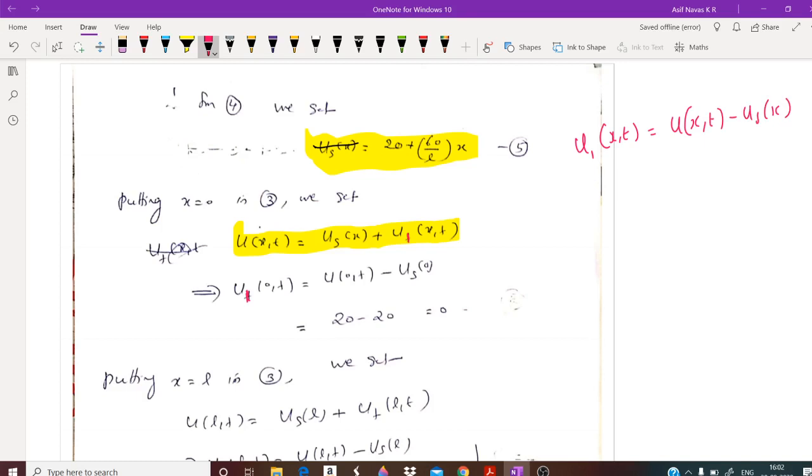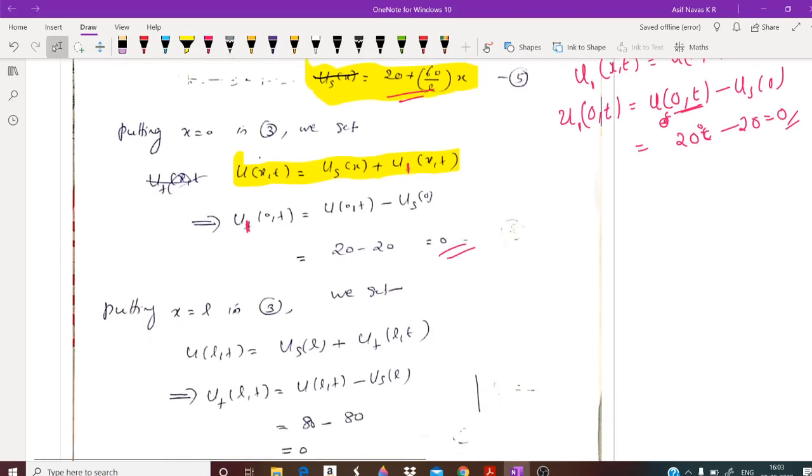Now already we know the boundary points: u_1 of 0,t is u of 0,t minus u_s of 0. We have given 20 degrees Celsius, and u_s of 0 from here you will get 20. So 20 minus 20 is equal to 0.